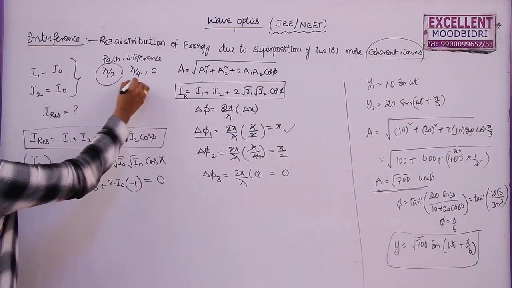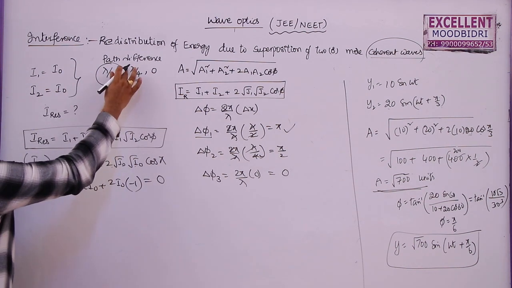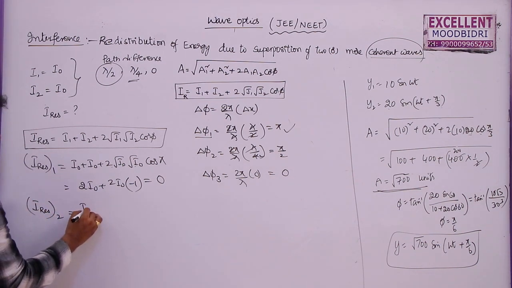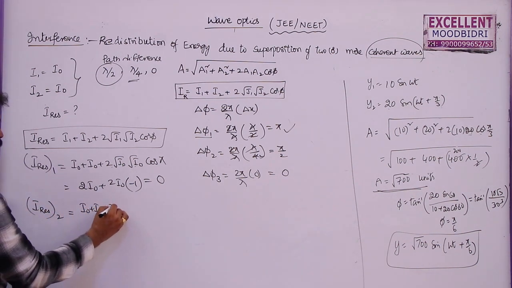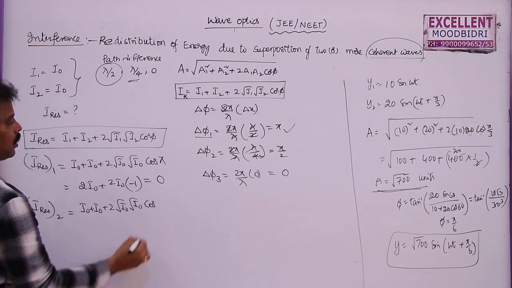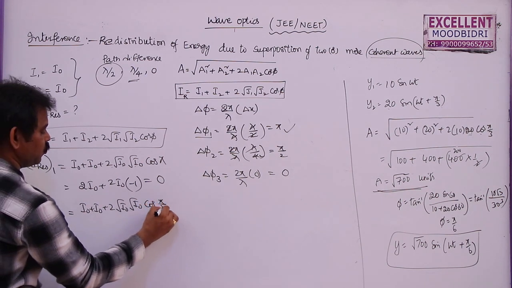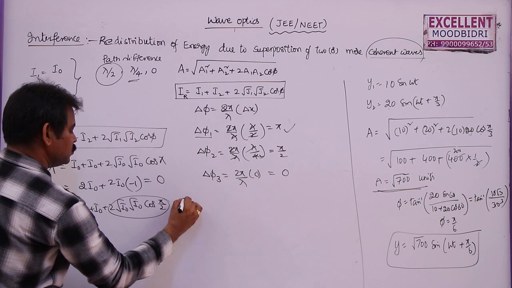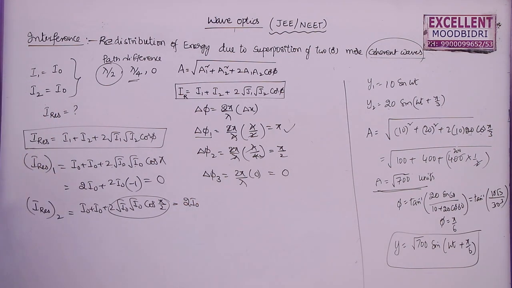Now if the path difference is lambda by 4, the resultant intensity in the second case is given by I naught plus I naught plus 2 I naught cos pi by 2. This cos pi by 2 is 0, so this term becomes 0. So the resultant intensity is 2 times the intensity of either wave, 2 I naught.